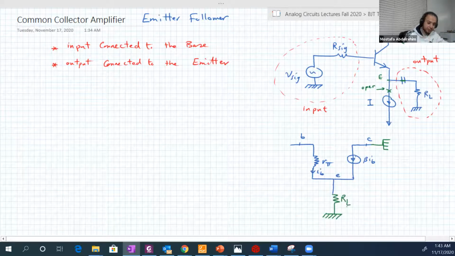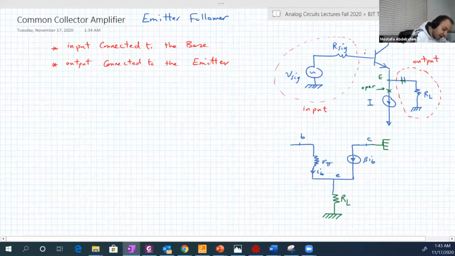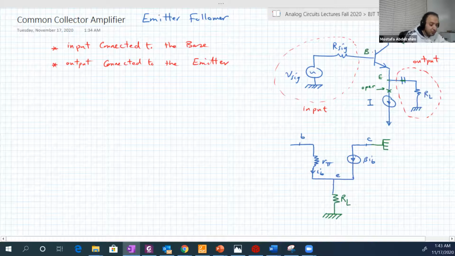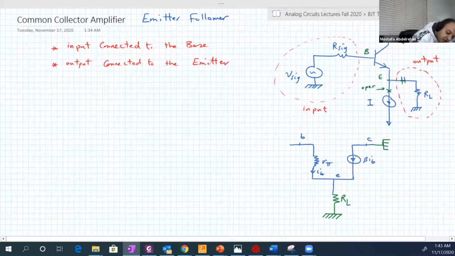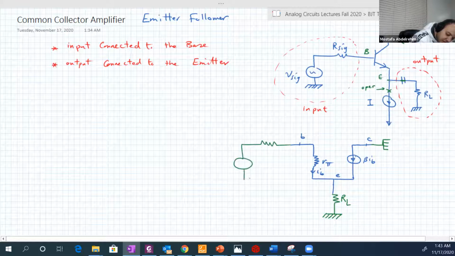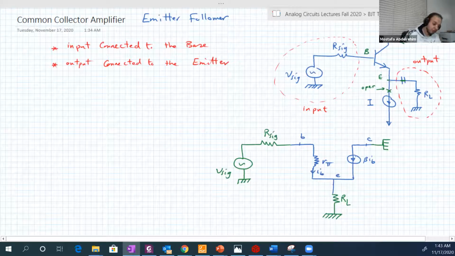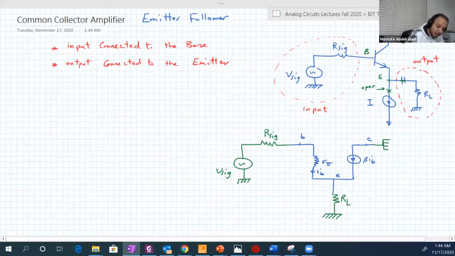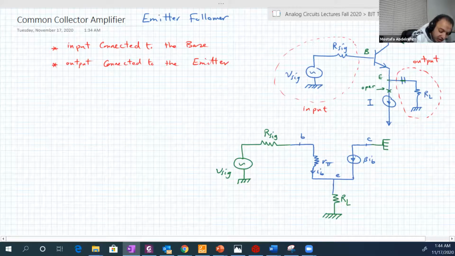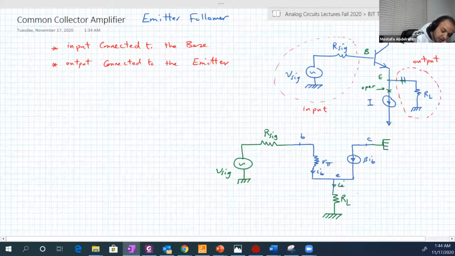Then lastly we have the base. The base is connected to our signal, then the ground. Before we continue, here is IB, here is beta IB or IC, here is IE, and here is VO.